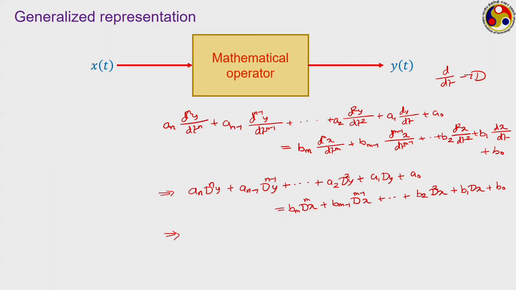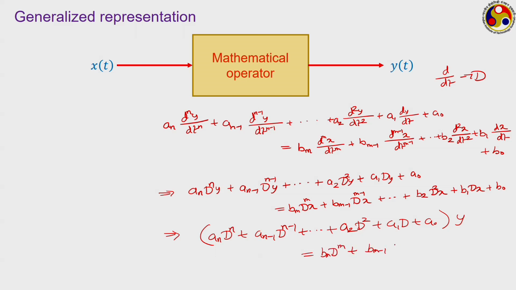Now, sometimes just taking analogy with the algebraic equations, we can write this one as, is equal to b_m d^m plus b_(m-1) d^(m-1), up to b2 d square plus b1 d plus b naught, into x.